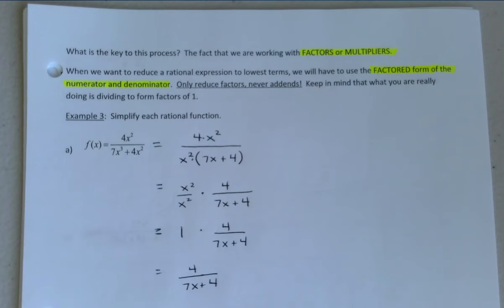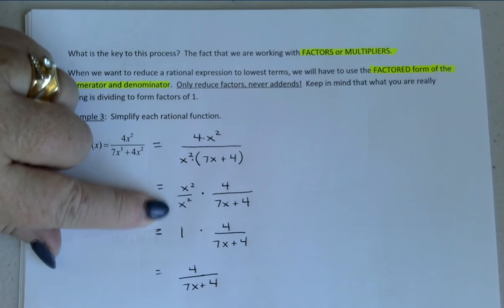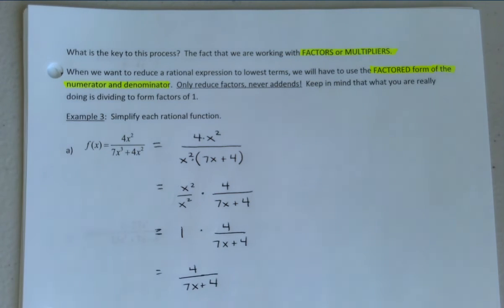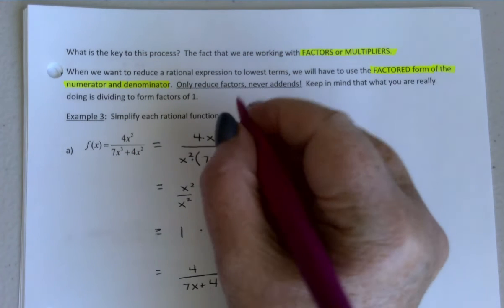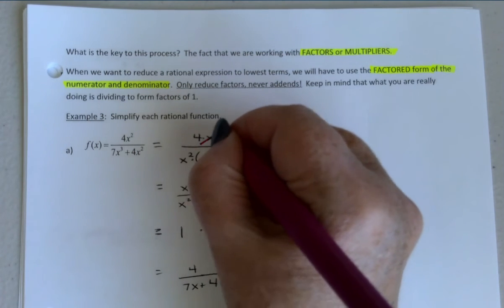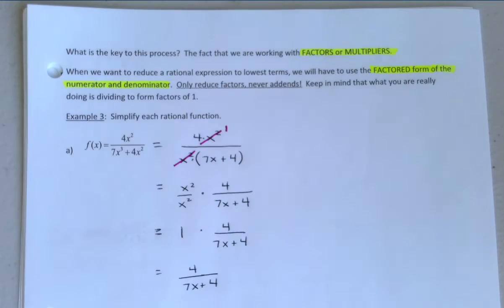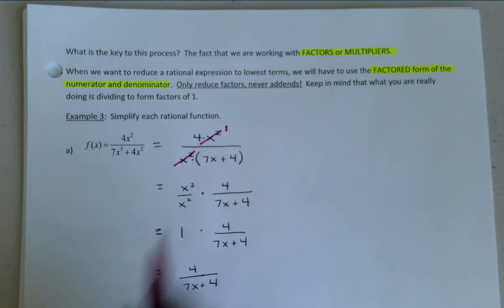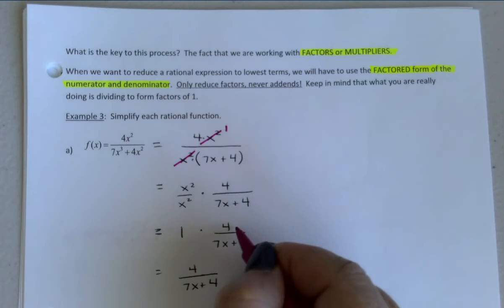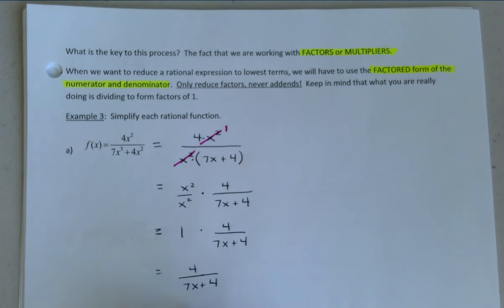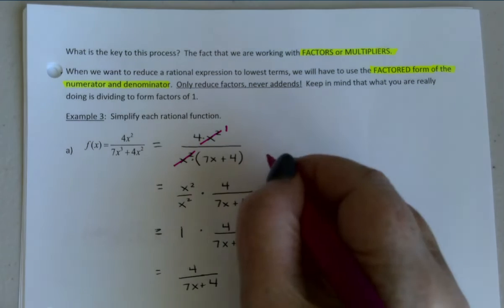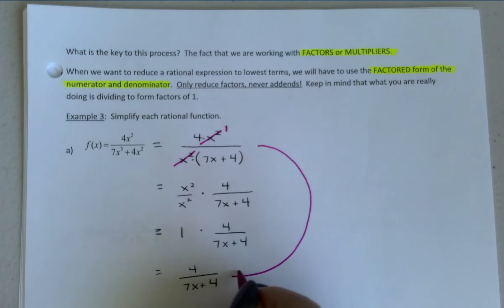Now, usually we don't take the time to actually write out that whole pulling out the x squareds and changing it to a 1. What we usually do instead is take a shortcut and say, well, x squared divided by x squared is 1. 4 times 1 is 4. And 1 times 7x plus 4 is 7x plus 4. So we usually go straight from here to here.